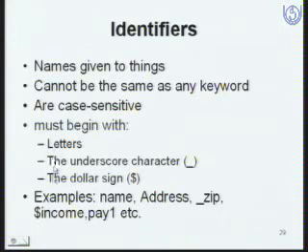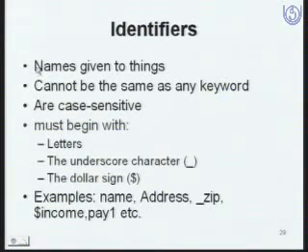These are the only things you can use in your identifier as the first letter. For example, this name is itself an identifier, and here the first letter can be either a letter, or an underscore, or a dollar sign, but you cannot use digits here like 1, 2, 3, 4.